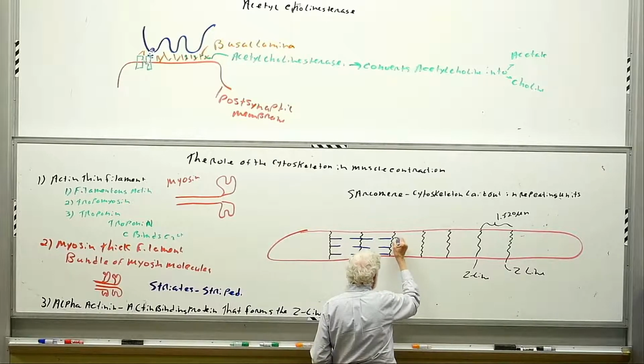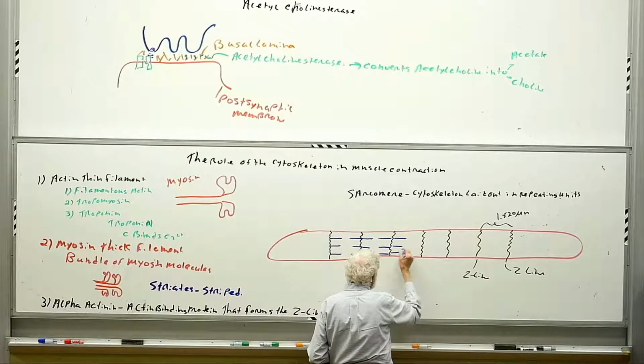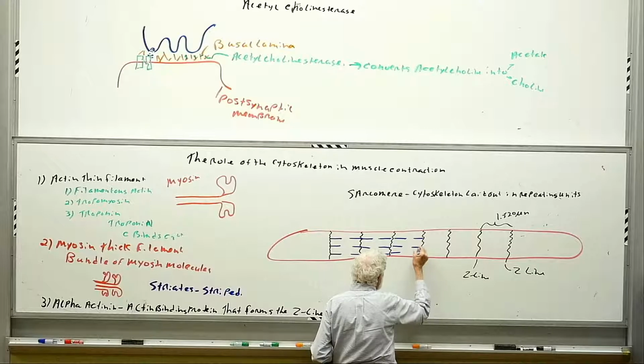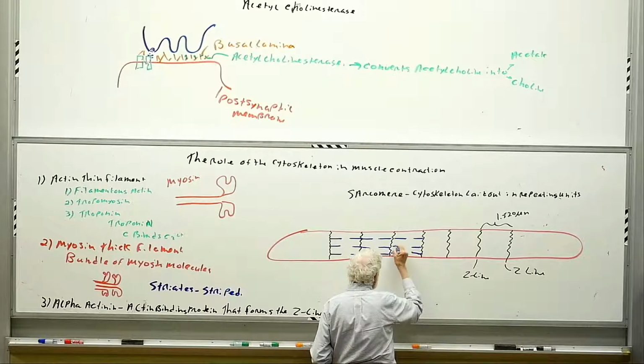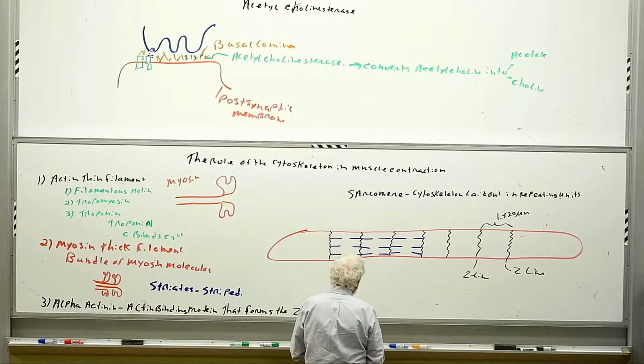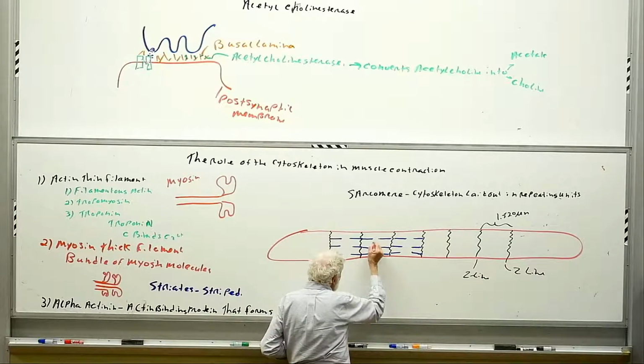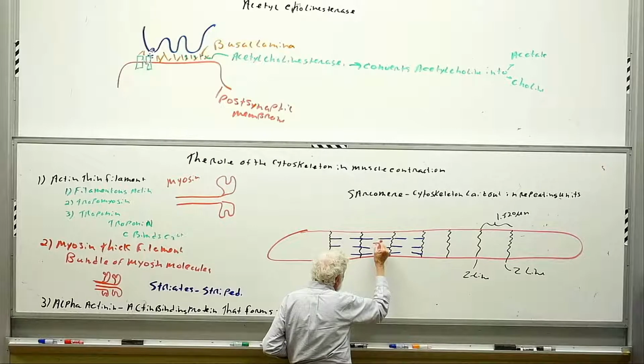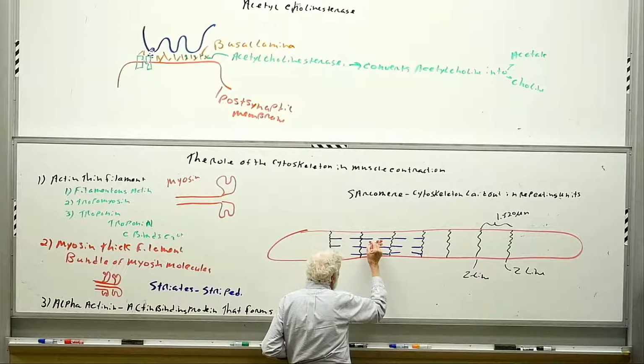And the actin thin filaments are attached to the Z-lines. And then between the actin thin filaments are these structures here. These are the thick filaments. These are the myosin thick filaments. They have their tails pointing inward at the center, and the heads pointing outward.